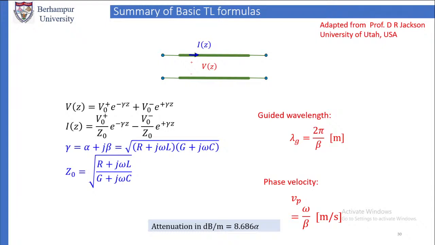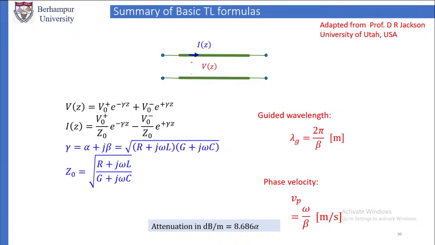So these are the basic formulas for the transmission line. Expression for Vz, expression for Iz, then gamma is equal to alpha plus j beta, that is equal to square root of two terms. First term is R plus j omega L, second term is G plus j omega C. Then Z0 or characteristic impedance, that is equal to square root of two terms.